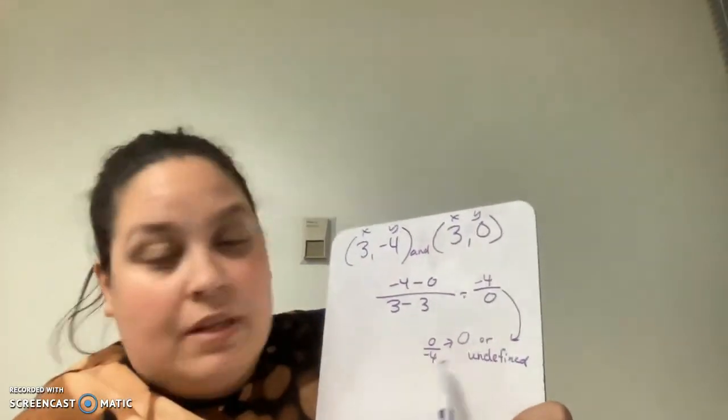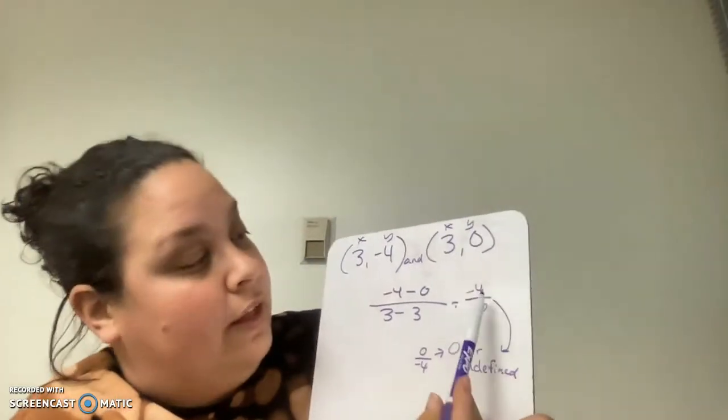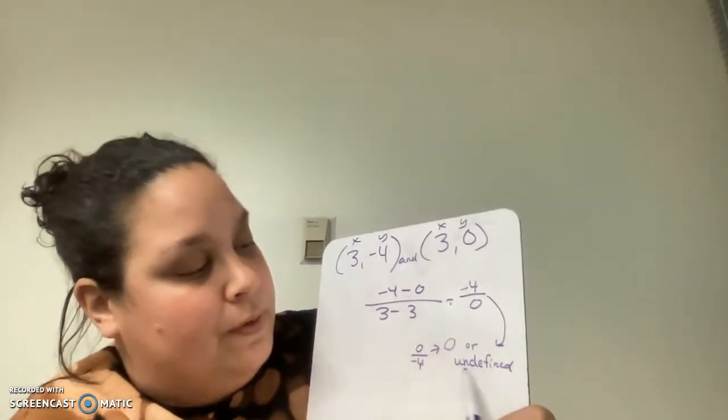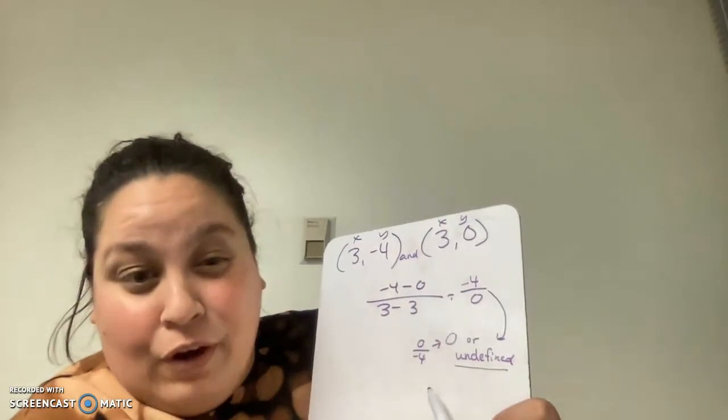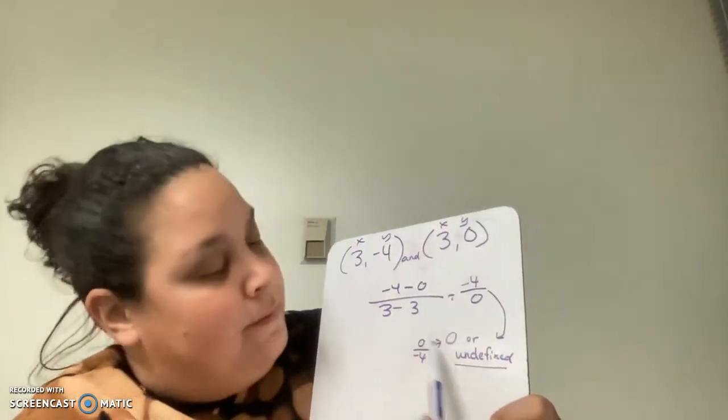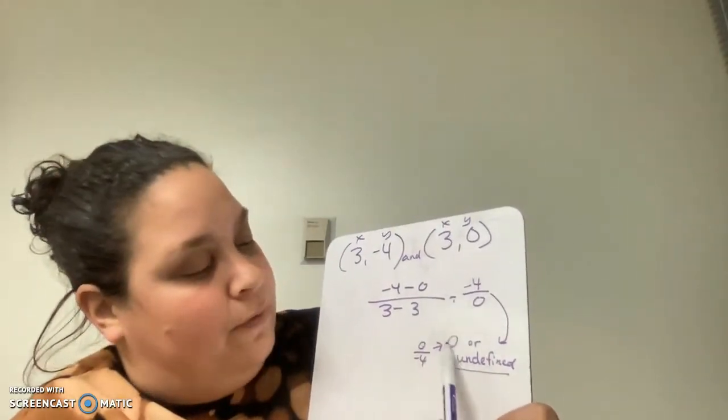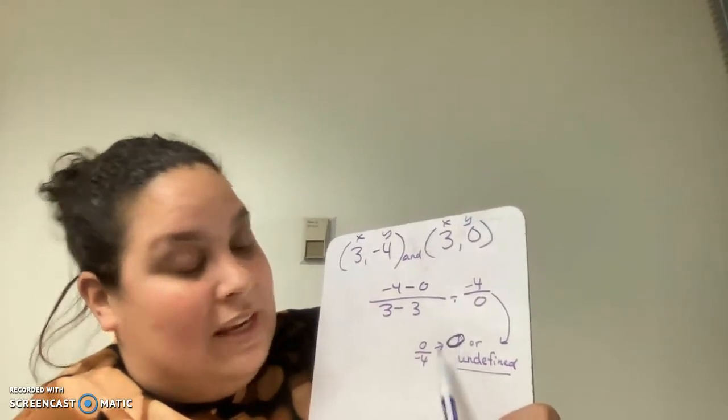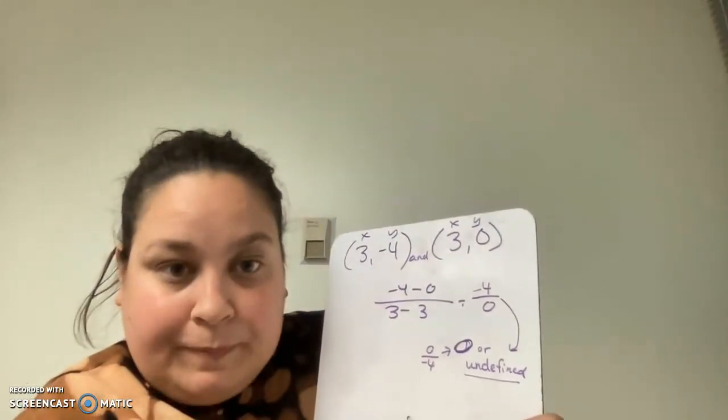And again, we can always double check that by plugging it in my calculator. If I do -4 divided by 0, I'll end up with an error button, which means undefined. If I do 0 divided by -4, I will actually end up with 0 as my answer. Okay? That's how to find a slope given 2 points.